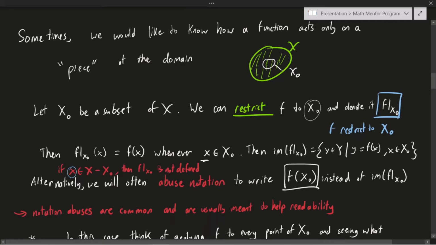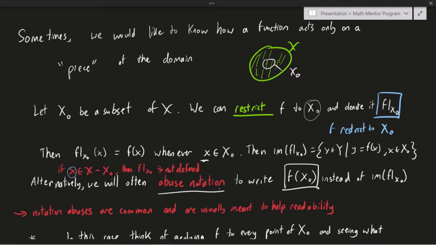We are writing here f of a subset big X naught, and this is technically not correct because big X naught is not an element of big X. So our function is technically not supposed to be defined on it, but we are going to do something called an abuse of notation. Remember, I mentioned an abuse of notation last time that high schools do.